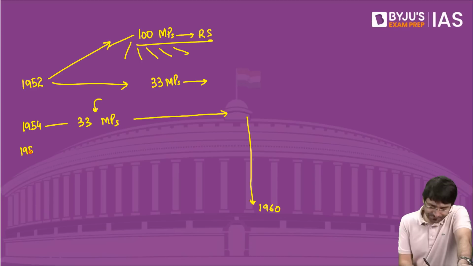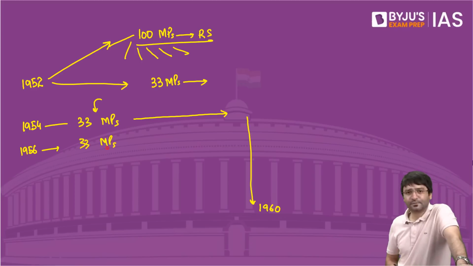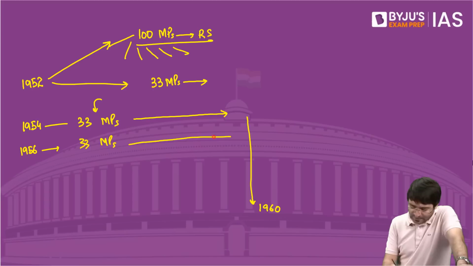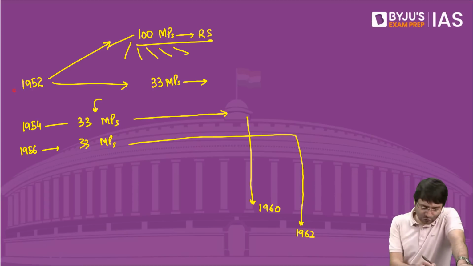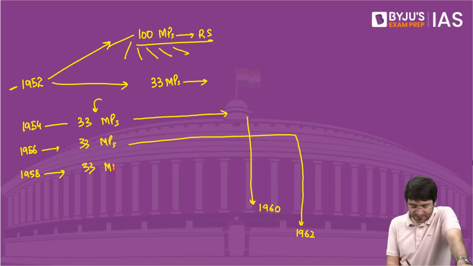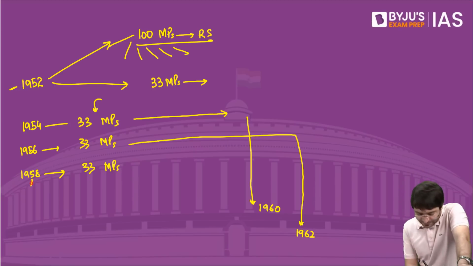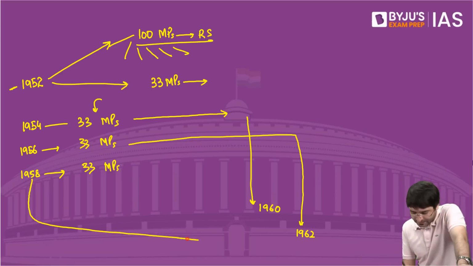In 1956, we asked 33 MPs again to retire. You can contest election again. But once you contest election again, now your term is till 1962. And those who got elected in 1952, their term was till 1958. That means when this election will be conducted again, their term will be till 1964.